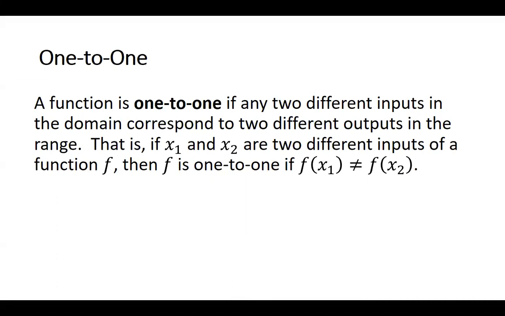Now, if you remember with a function, we said any input has to have exactly one possible output. But any output could have multiple inputs. So basically, if I gave you a value of x, you had to be able to tell me with 100% certainty what y was.